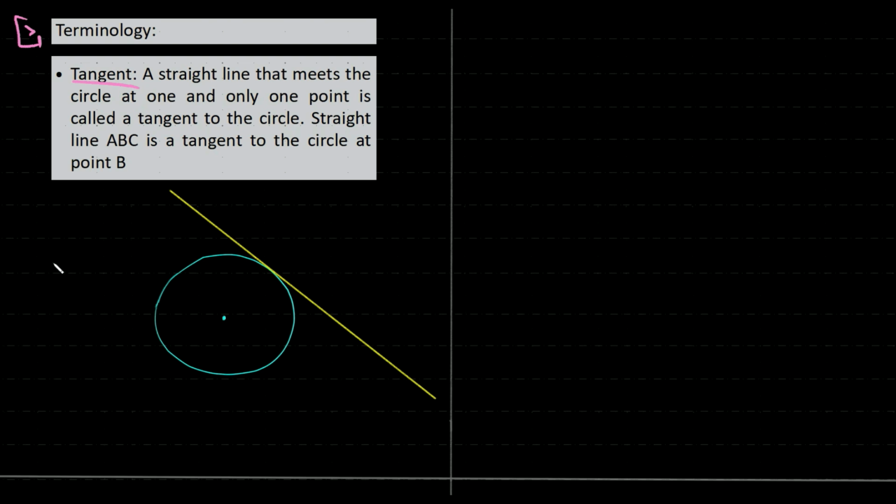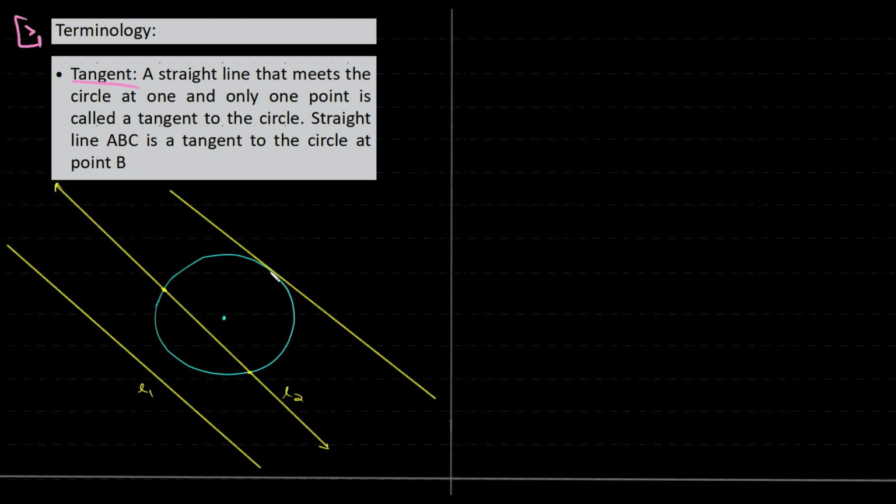See, if we ask to draw a straight line on this particular screen, I can draw it this way, I can draw it this way, and I can draw it this way, right? With reference to this circle, I have these three possibilities, wherein the first line does not touch the circle, the second line touches the circle at two different points. So this has a special name known as secant.